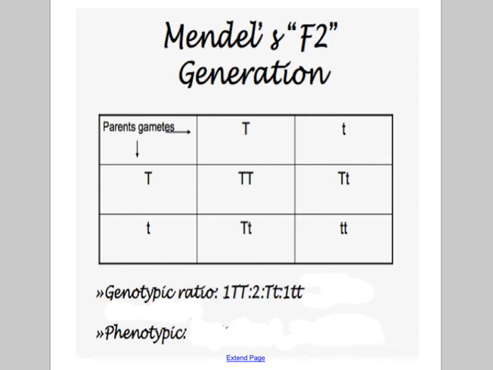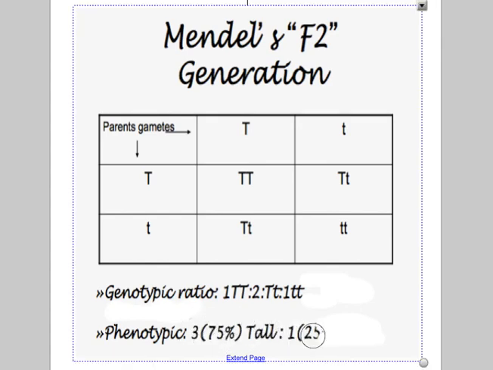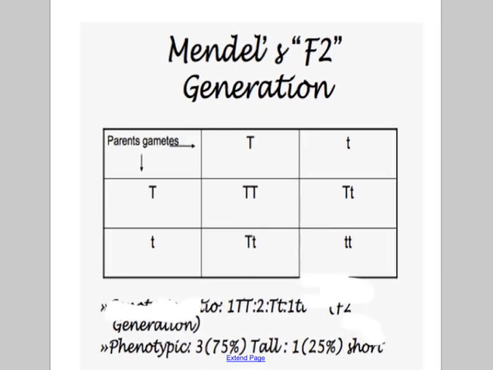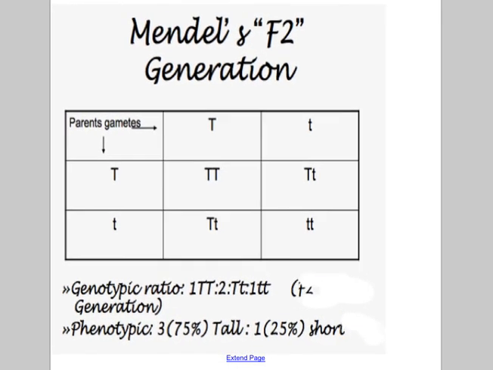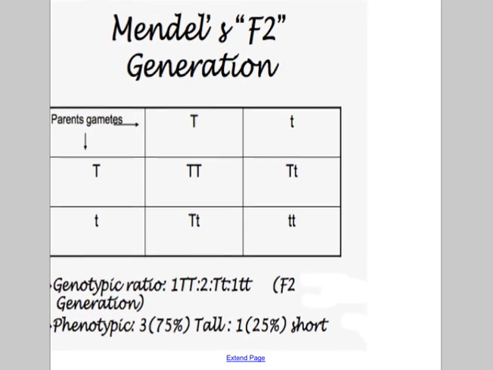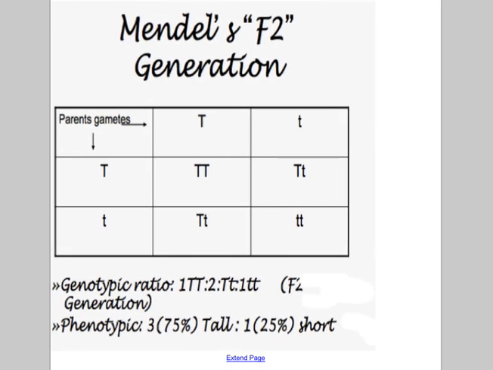So we have a phenotypic ratio, so the physical appearance is going to be 3 tall, or 75% tall, to 1 short. And that right there is Punnett squares.